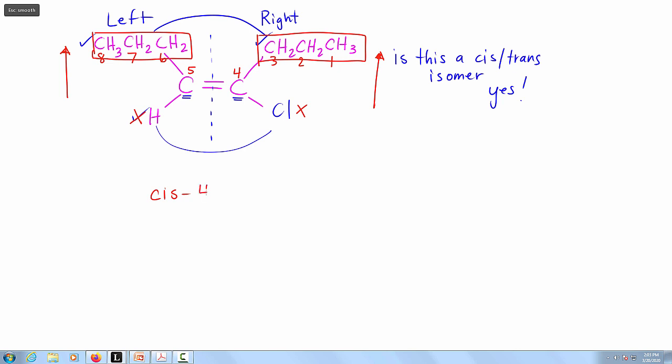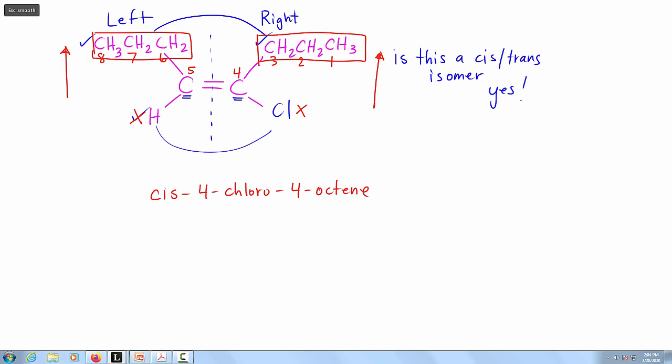So this is cis 4 chloro. And we have 8 carbons. And the double bond appears where? Between carbon 4 and 5. So that's going to be 4 octene. So cis 4 chloro 4 octene. Okay.